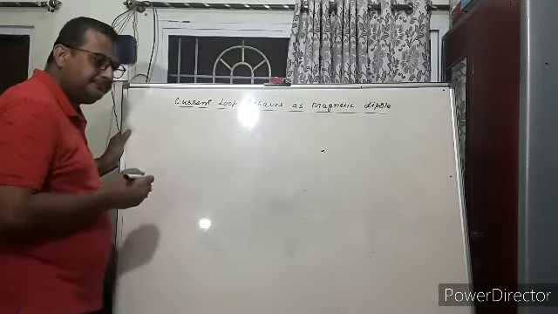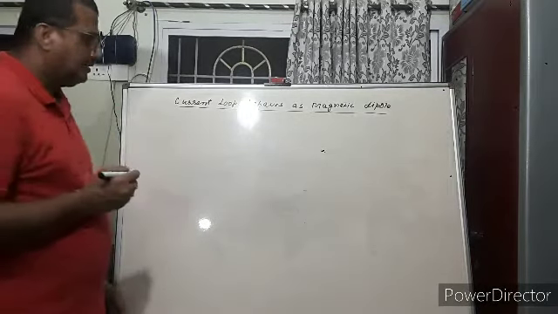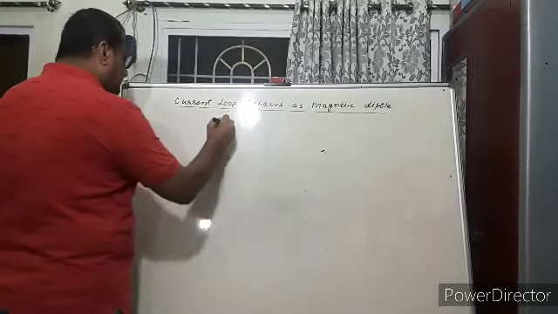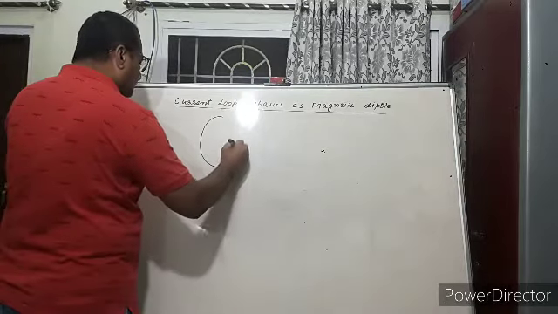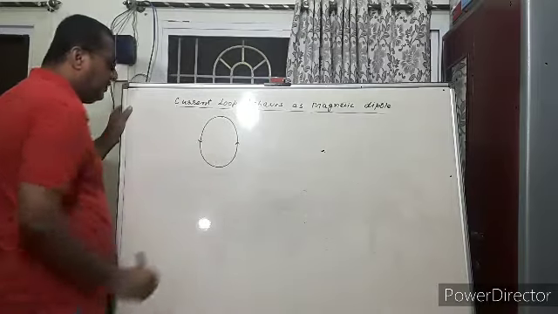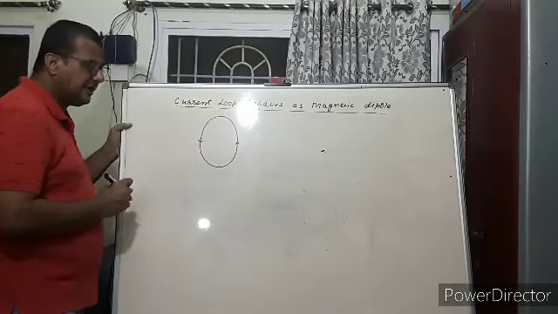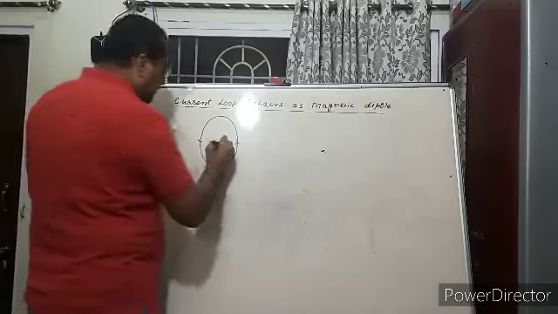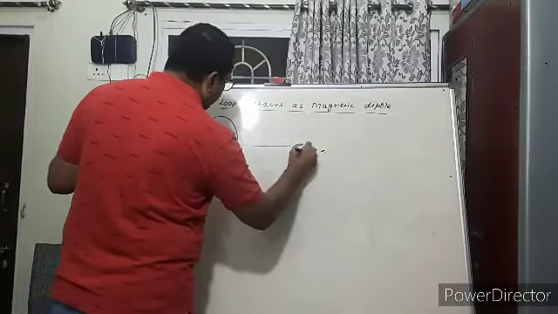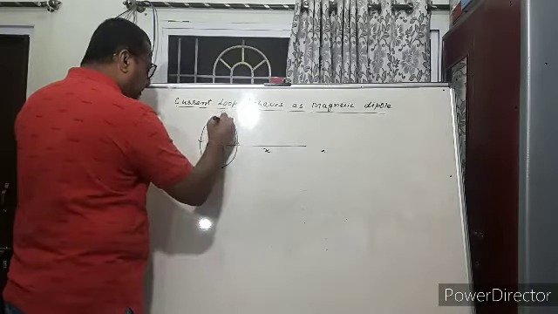We had seen in the previous lecture that if there is a current loop through which current is flowing, and we had taken x distance, whose radius is r.